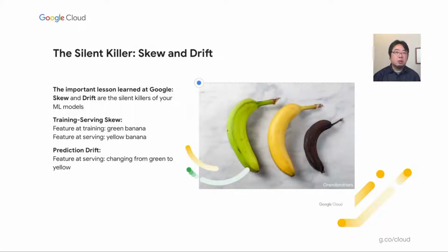What is skew? Skew is like the situation where the data scientists train their machine learning model with the feature distributions for the green bananas, whereas the ops engineers are doing the same thing with the feature distributions for the yellow bananas.